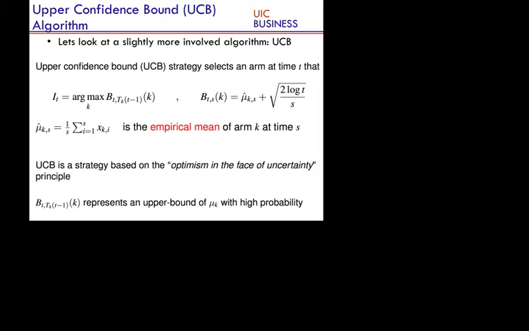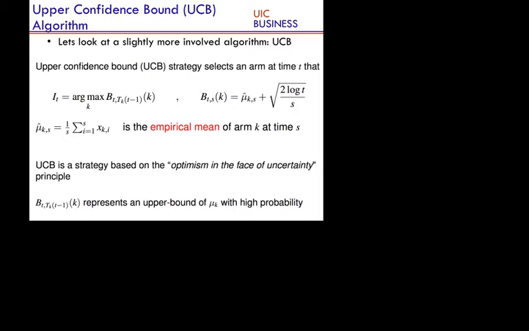In epsilon greedy, it was clear which arm I was trying. The arm with the highest empirical mean is what I was trying with probability 1 minus epsilon, and an arbitrary arm with probability epsilon, right? Here also I'm facing uncertainty. I don't know which arm is the best one. That's the face of uncertainty.